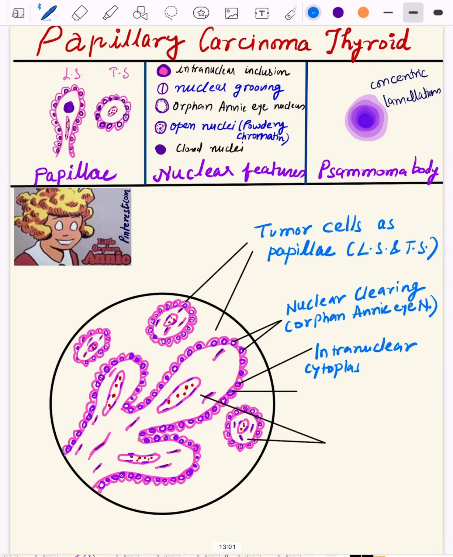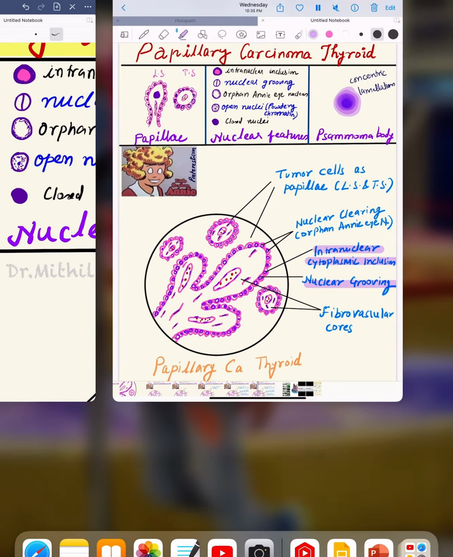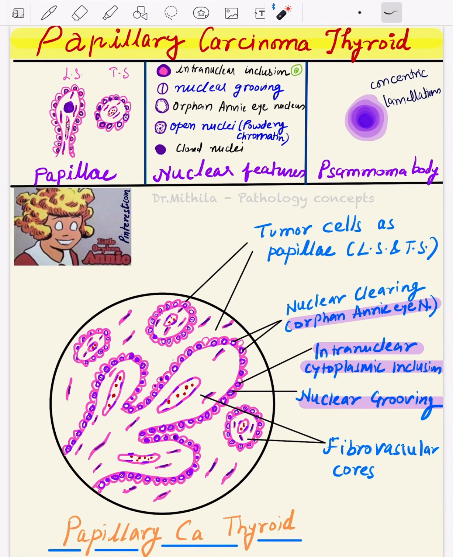Then intranuclear cytoplasmic inclusion, which you have to draw pink, and nuclear grooving, and lastly the fibrovascular core. So this is how you make the diagram of papillary carcinoma thyroid. And one more thing that you have to make is the psammoma bodies.